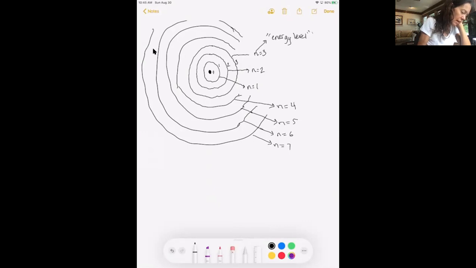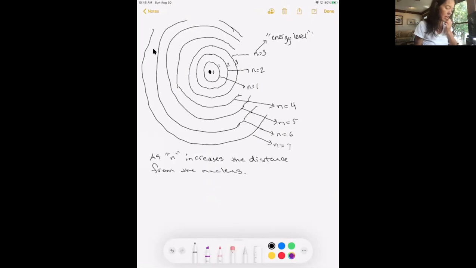And you see that as N, the energy level, increases, the distance from the nucleus increases. It's obvious, but it's important as well, and we'll see why as we proceed through the rest of this unit about atoms.